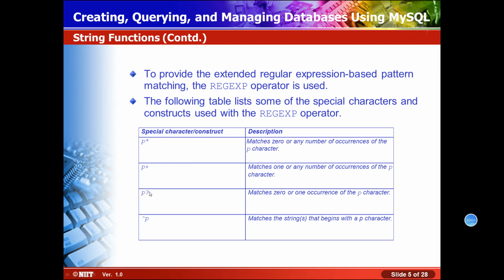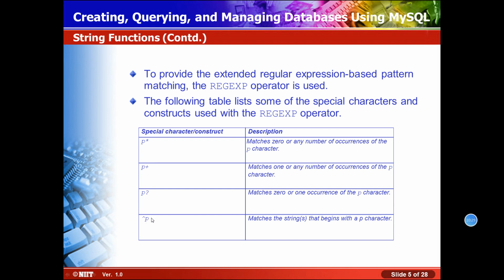If you use p question mark, then it will display the record with 0 p, that means there is no p is okay, it will come in the output, or one occurrence of the p character. If you use this caret, it matches the strings that begin with the p character. So it will display all the records which start with p.